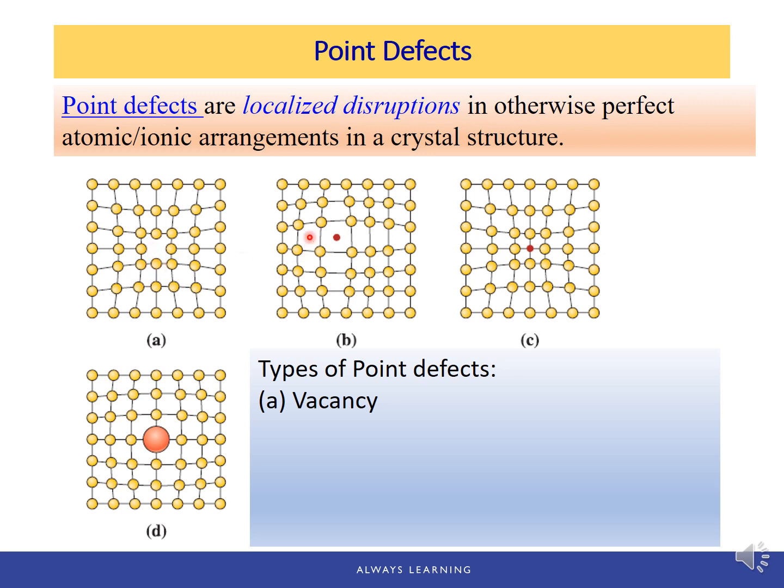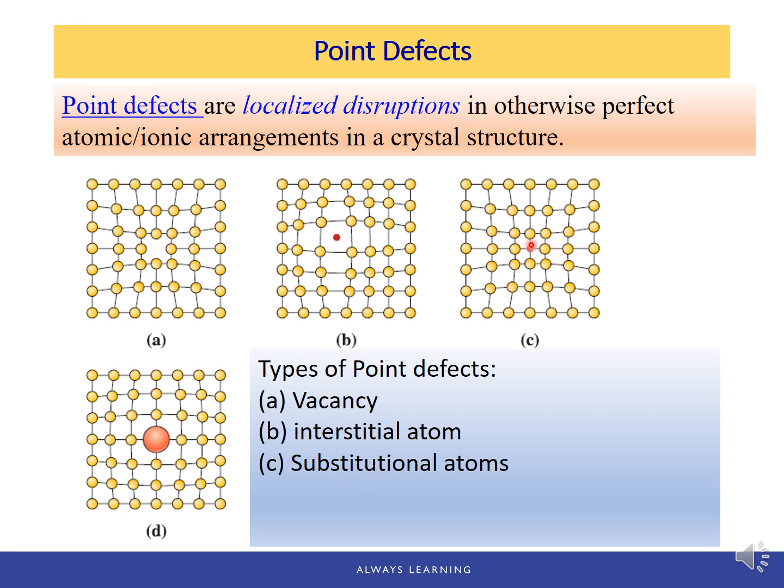And the second type, in opposite to the vacancy, is an interstitial atom, where the atom goes into the interstitial site between all the other atoms. So this is the interstitial atom. And the third type is the substitutional atom.